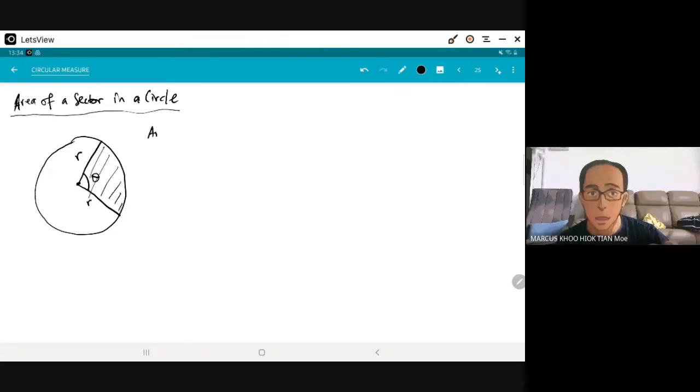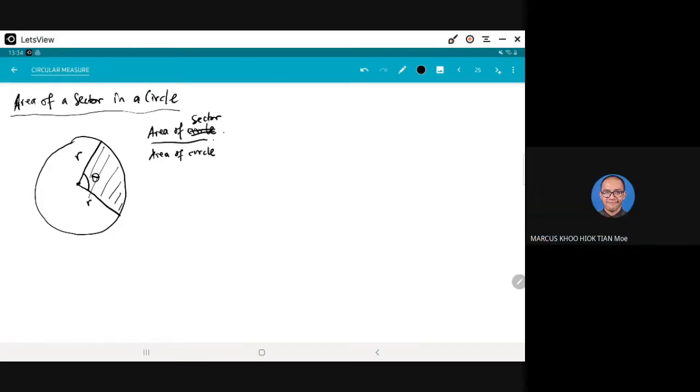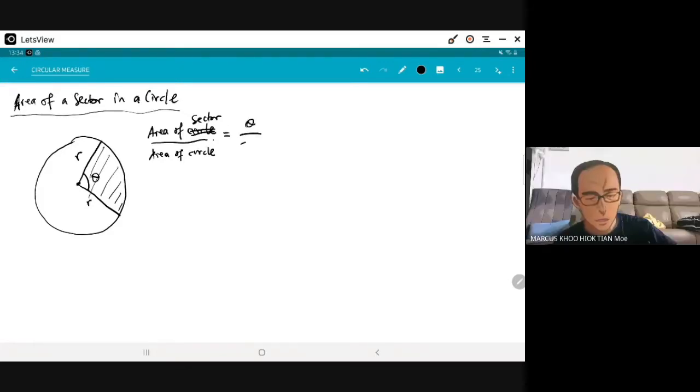It will be area of sector over area of circle equals to theta over 360 degrees. This is in the past, before we learned about how to change from degree to radian. But let's continue from here.